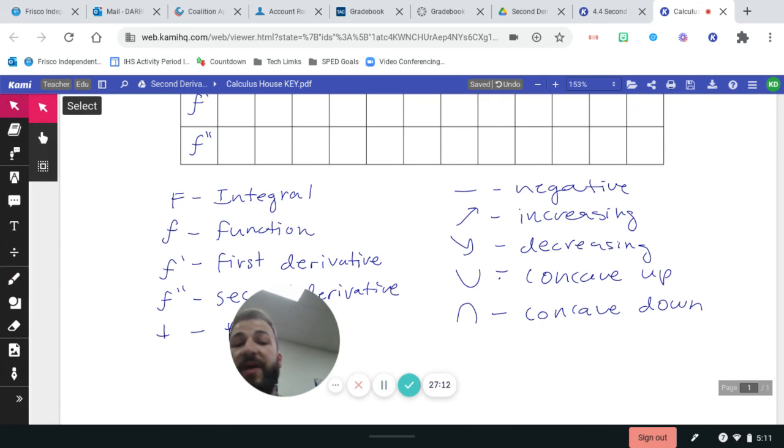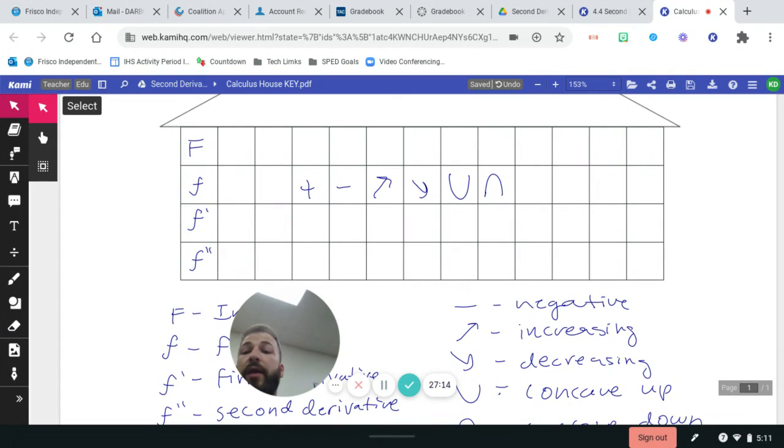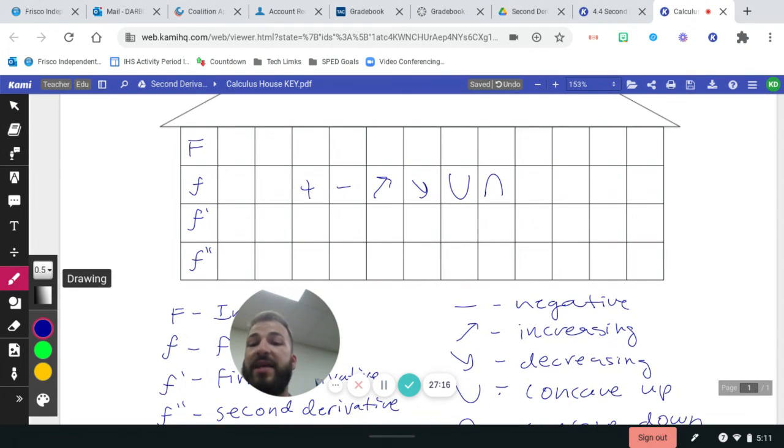All right, now we've talked about this already before. Okay, we know F is increasing when F prime is positive. We know F is decreasing when F prime is negative. We know F is concave up when F double prime is positive. We know F is concave down when F double prime is negative. Now what we just discovered is when F double prime is positive, we also know that F prime is increasing.